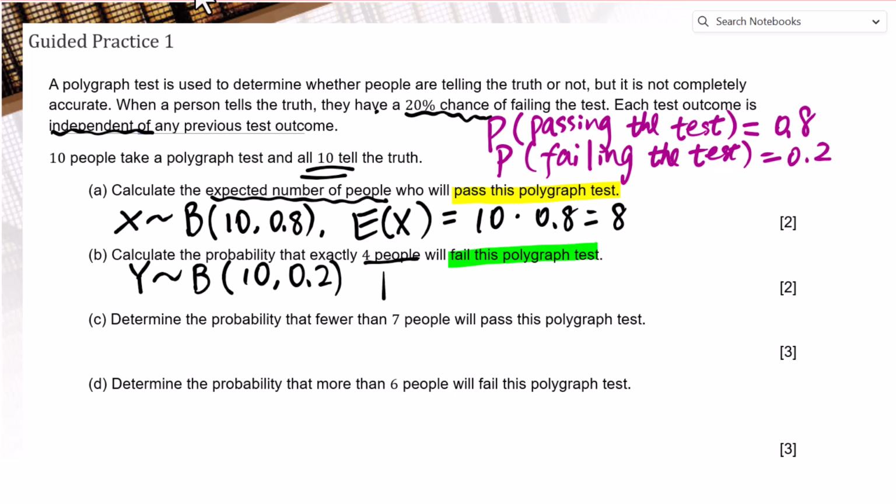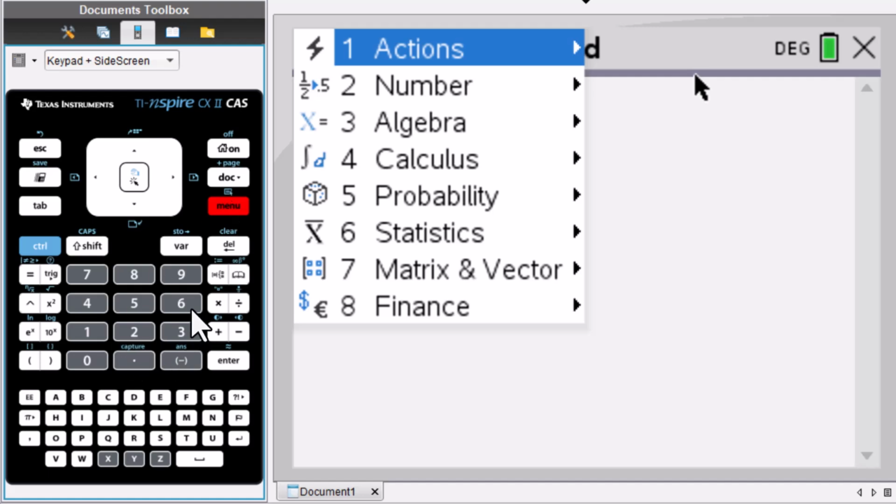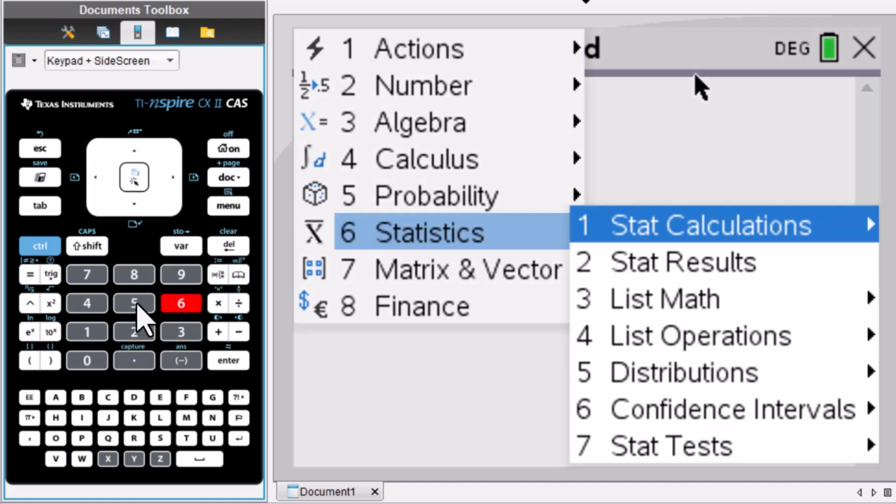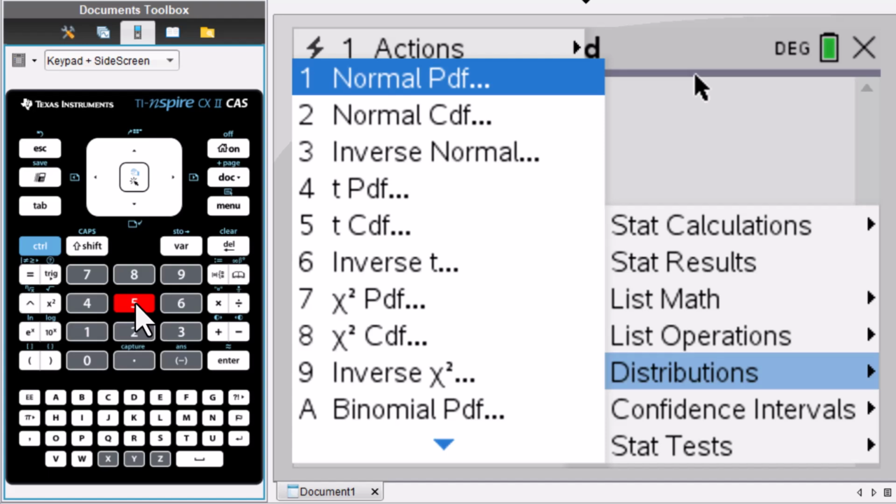We are looking for the probability of Y equals 4. Let's go to the calculator. Go to menu, statistics, go to 5 distribution. We are looking for binomial PDF, so go to A.